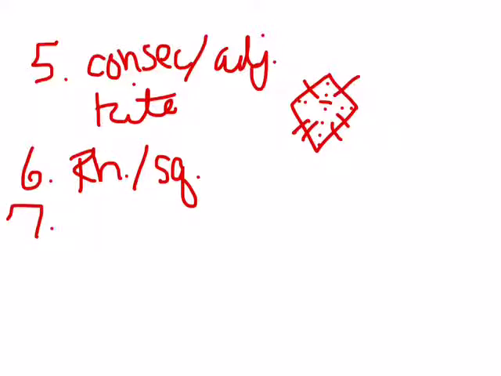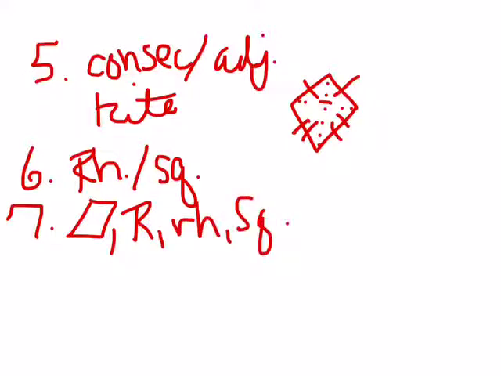7, both pairs of opposite angles congruent. So we're on to some angle ones now. The ones so far have been about sides. This is a parallelogram property, so parallelogram, rectangle, rhombus, square. Number 8, both pairs of base angles congruent.